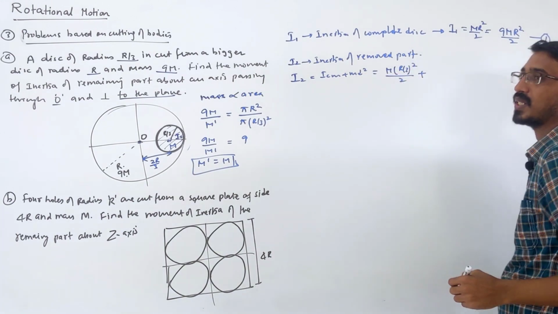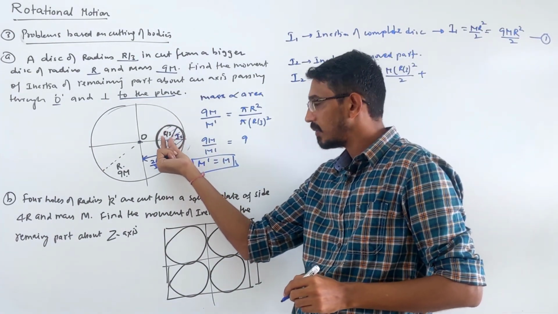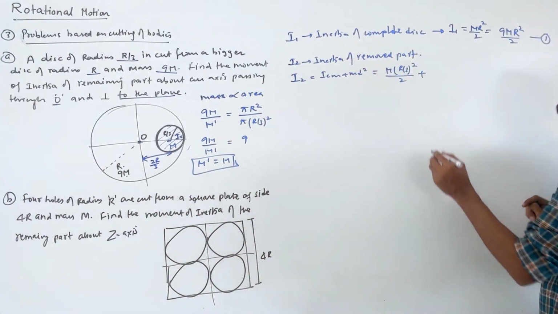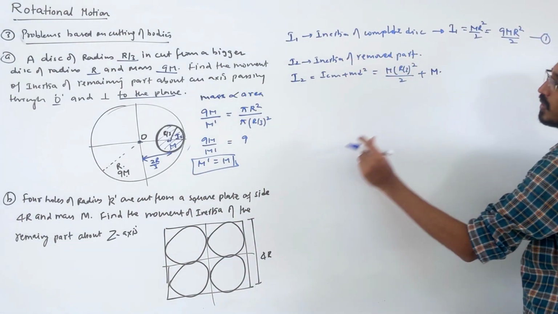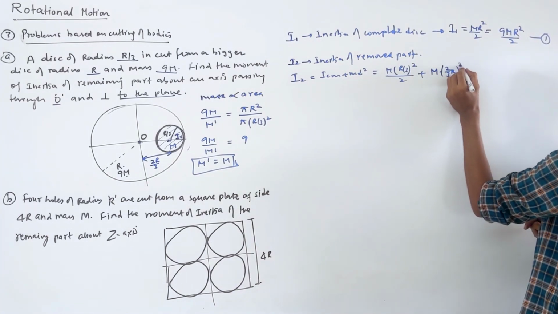This is about the center of mass, using the Mr square by 2 formula. R is r by 3 for this disc, not r. So I put it here correctly. Plus MD square, where M is m and D square is that distance, so it becomes (2 by 3 r) square. So how much does this become?